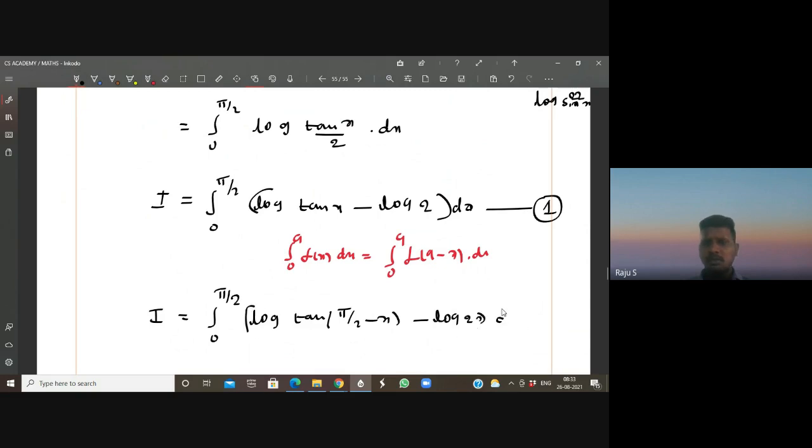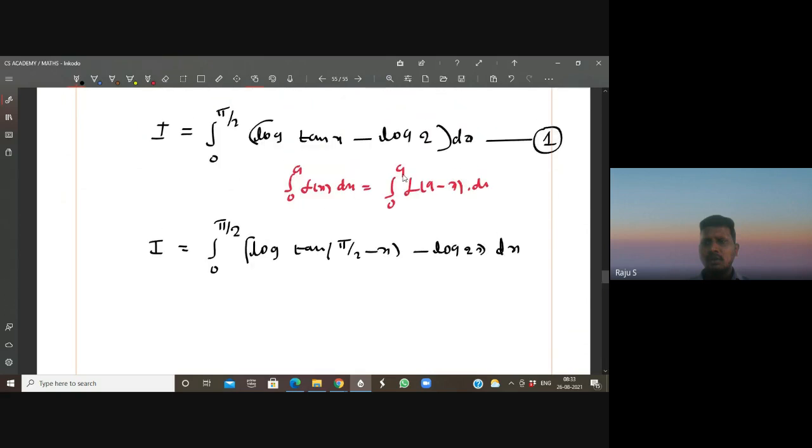Into dx. See students, I want to add these two. Adding 1 and let us take this as 2. On the left side, I plus I. What is common in these two? The common is 0 to pi by 2, dx.